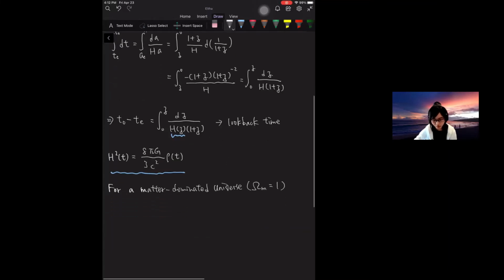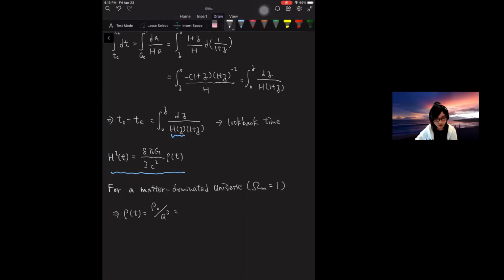So I know the professor already covered the different components of the universe. For the density relation of matter, we know that rho of t equals some rho naught, some constant, divided by a cubed, right?